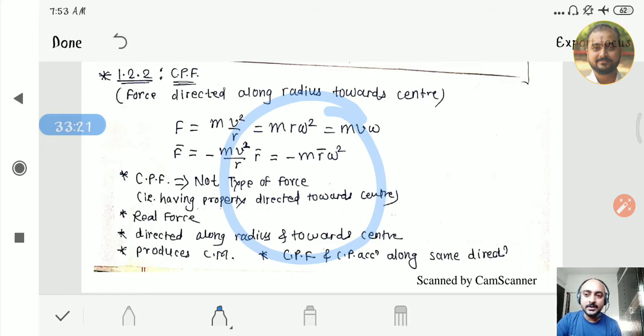Without centripetal force, circular motion is not possible. And remember, centripetal force and centripetal acceleration are both always along the same direction, okay friends. So in this manner, this is about your centripetal force.